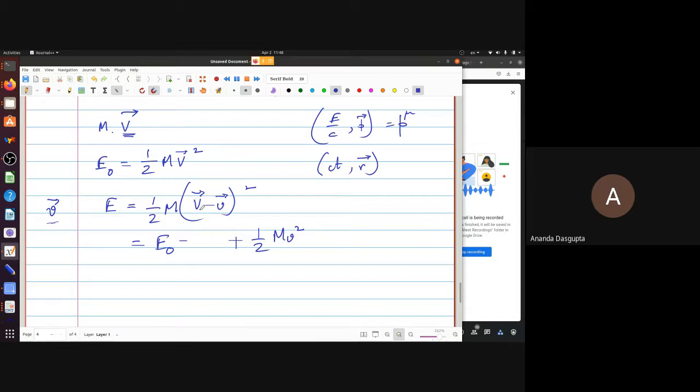minus another term, which is how much? Right? So this is momentum dot velocity.